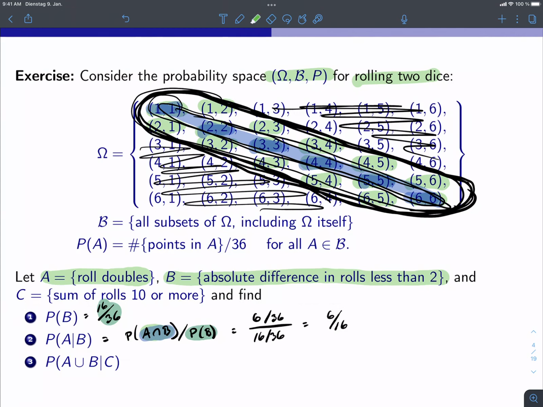Okay, what about A union B given C? Okay, the event C is that the sum of the rolls is 10 or more. So let's see how messy I can make this.